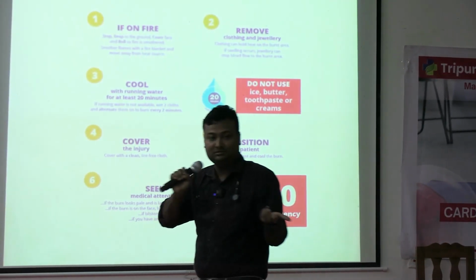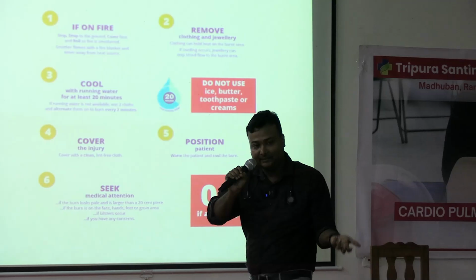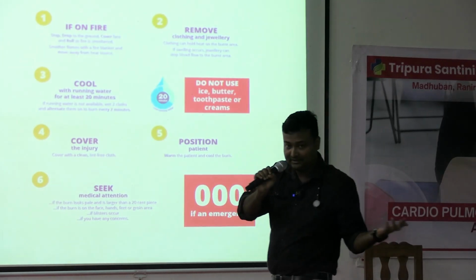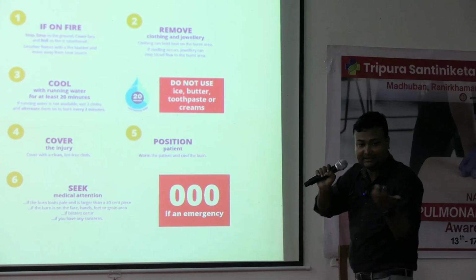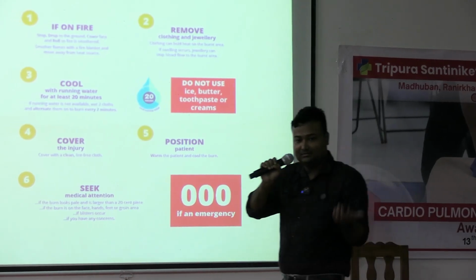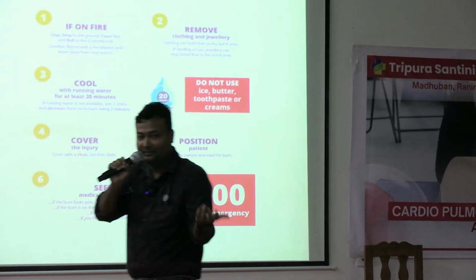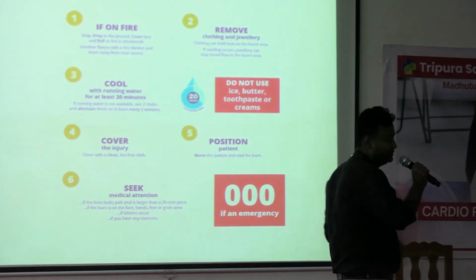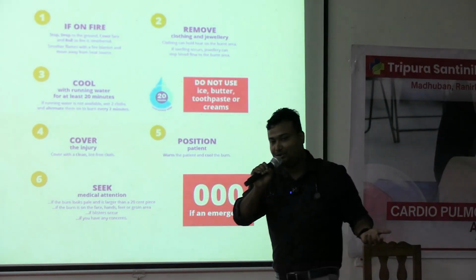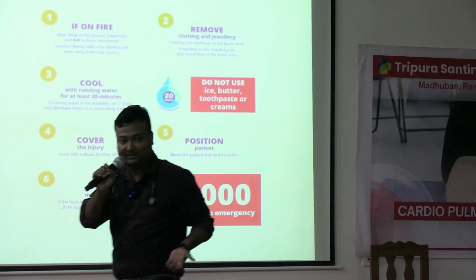Then you have to cool down the part. You have to give immediate relief by giving running water. Then you have to cover the injury to prevent any contamination. Then you have to get proper transport and seek urgent medical help.